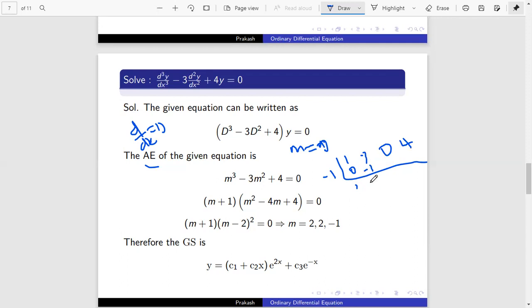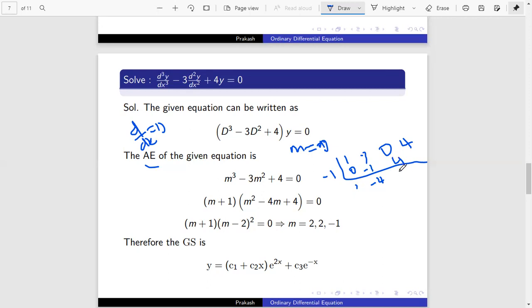It is minus 2, so minus 4. Here this is minus 3, this is minus 1, it is minus 4. Next, minus 4, this is plus 4.